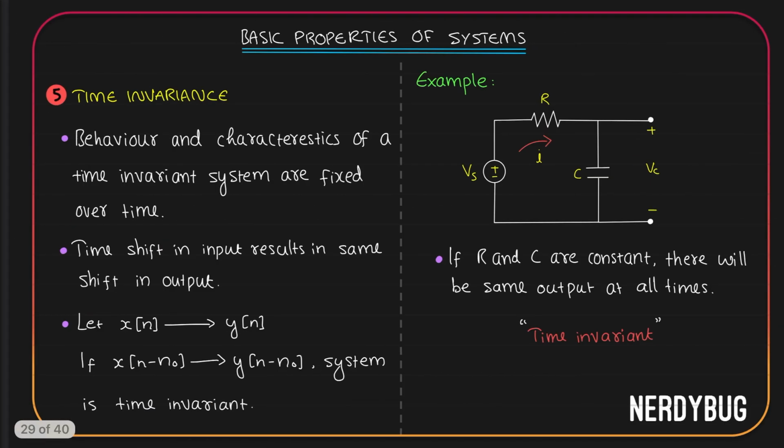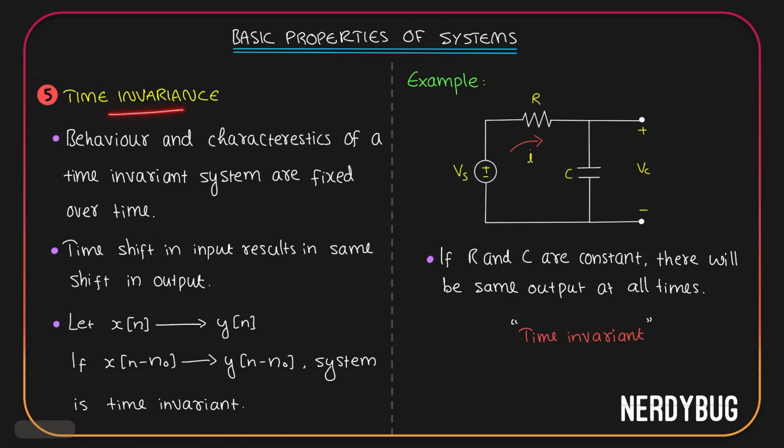The next property we have to learn is time invariance. A system is called time invariant if its behavior and characteristics are fixed over time. That is, the system gives the same output for the same input even when you give it 100 years later. Its characteristics and behavior do not depend on time. It does not change with time.